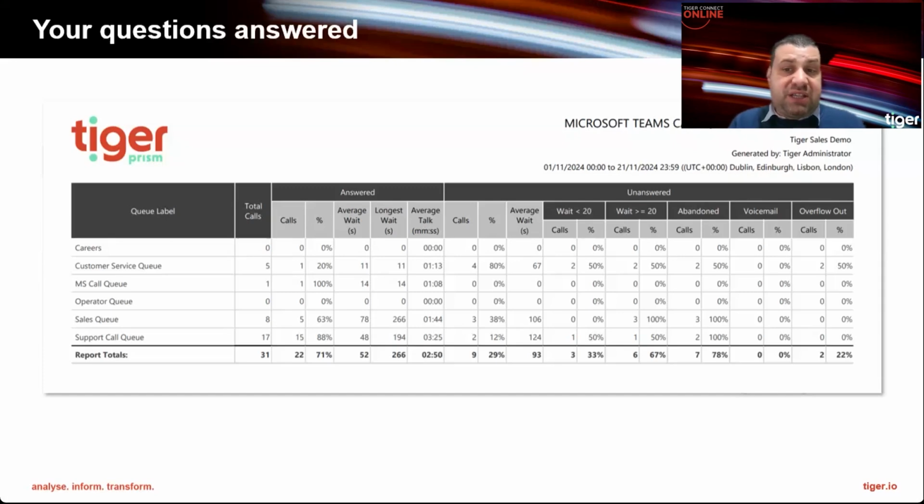It then tells you how many calls were abandoned, how many went to voicemail, and then how many overflowed. So for those that don't understand what an overflow is, you can set your queue after a set amount of time to go somewhere else. Now, what that somewhere else is configurable. So that could be that it overflows to another queue. It overflows to a PSTN number.